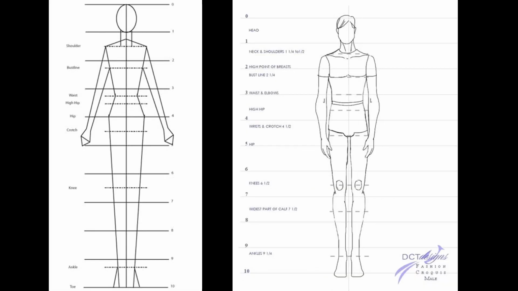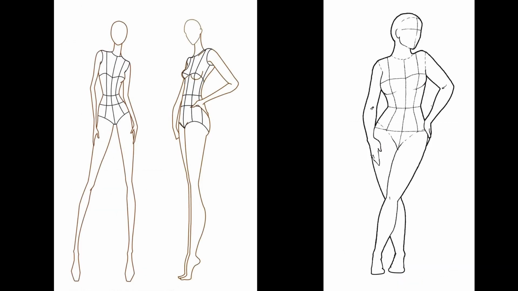So we do discussions about that, and how in the fashion industry, the fashion croquis idea is that the figure is 10 heads high rather than 7.5 or so heads high for the normal human form.